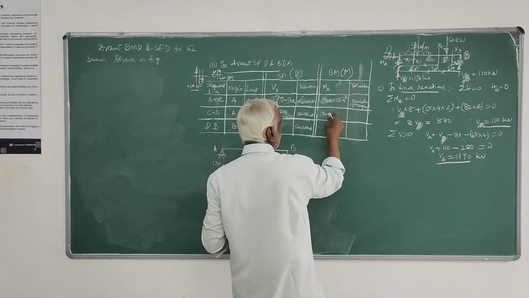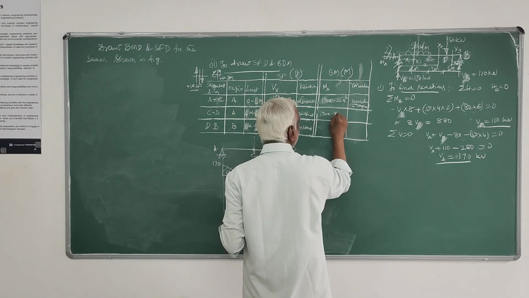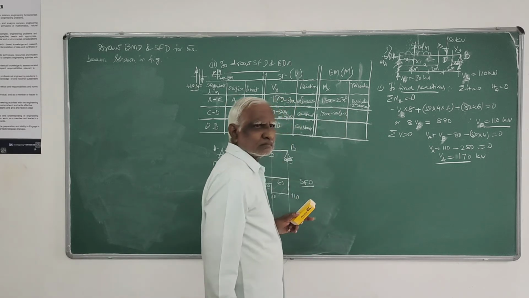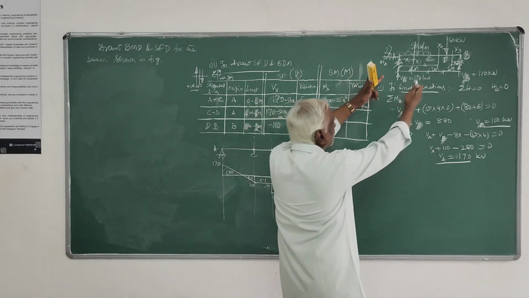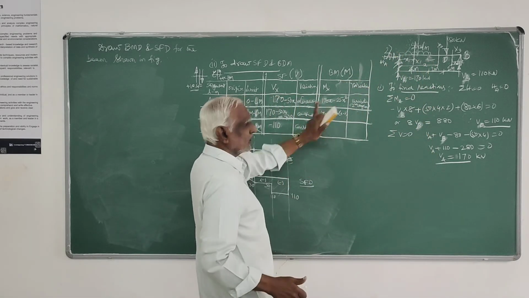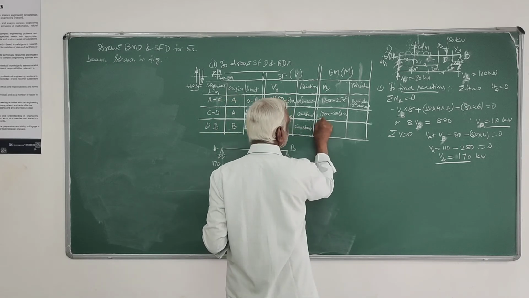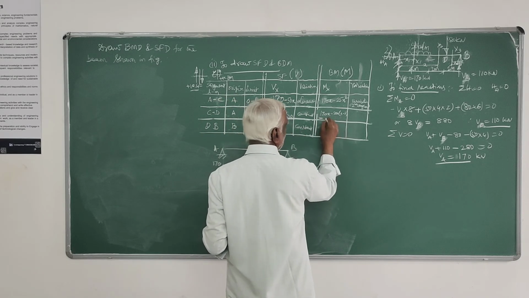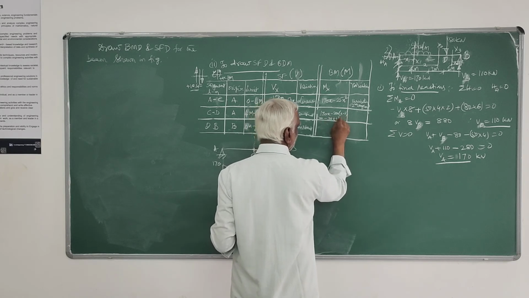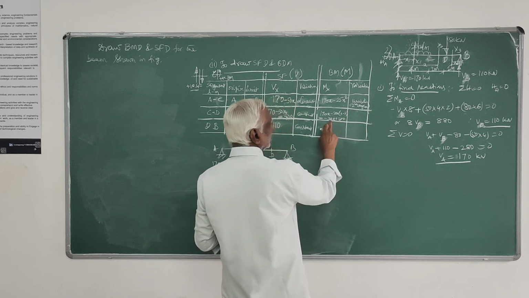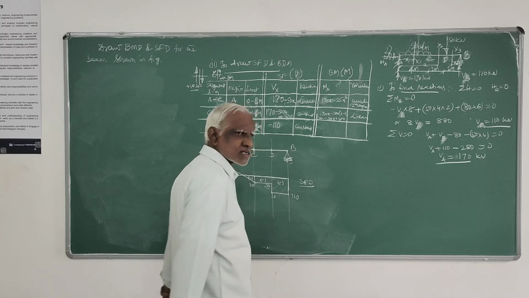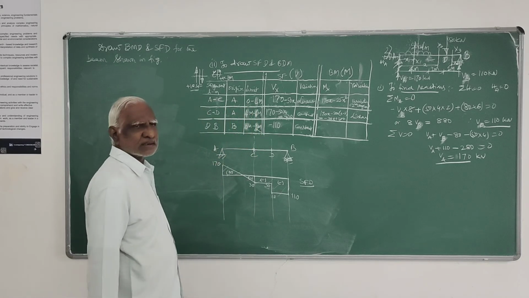So that is anti-clockwise, that is 200 into x minus 2. So 170x minus 200 times x minus 2. You simplify this: 170x minus 200x, that is minus 30x, plus 400. So this is linear, because it is of the form y equals mx plus c.